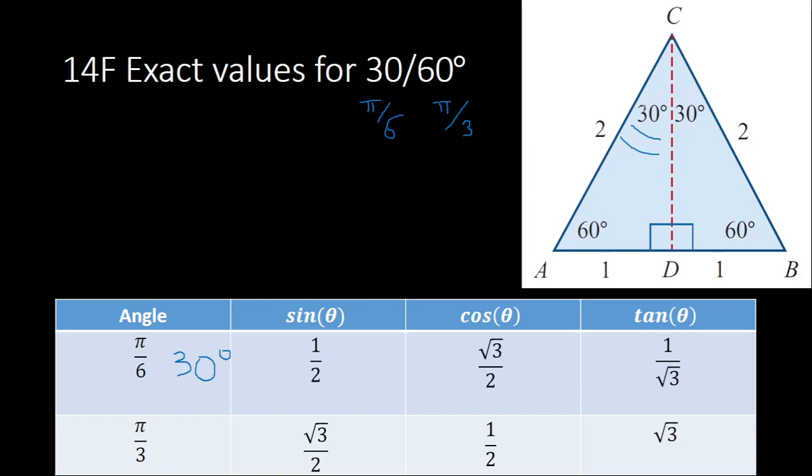To do sine of that, you need to turn your right angle triangle to the sine. It's going to be your opposite over your hypotenuse. Because your opposite is 1 and your hypotenuse is 2, we get a sine of pi on 6, which is your opposite over your hypotenuse, and that's how you get 1 over 2.